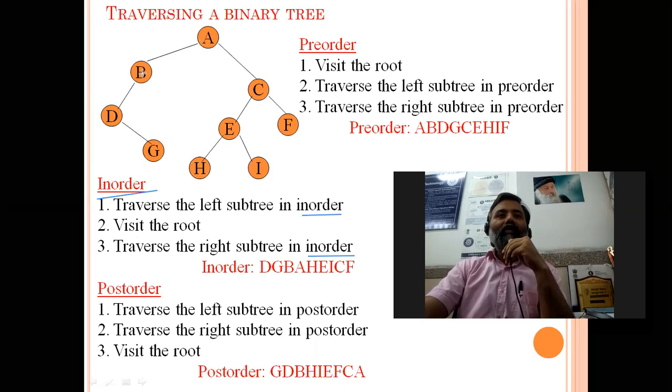Before the root node of this subtree B, we will traverse its left subtree. This is the root node of this subtree, so left subtree first. It has no left subtree. Then its root, that is D. So D has come. Then its right subtree G. So then G has come.